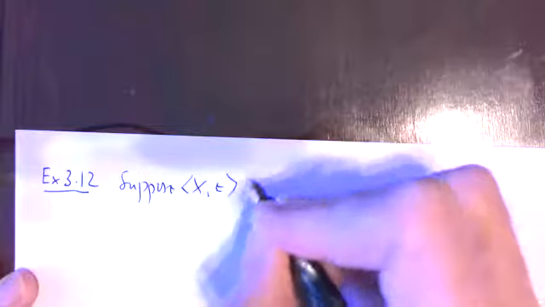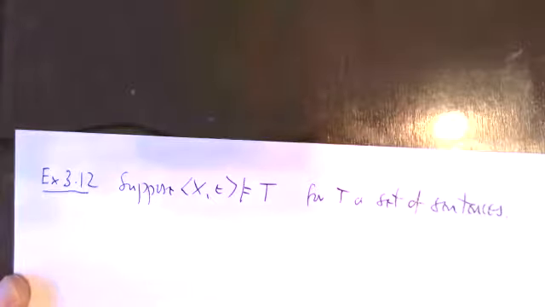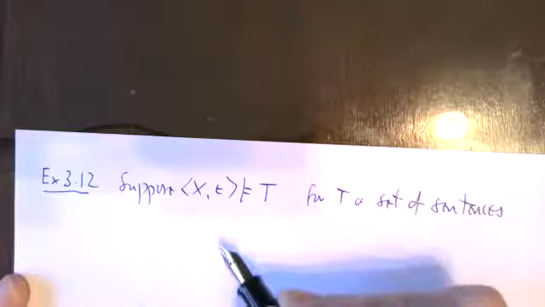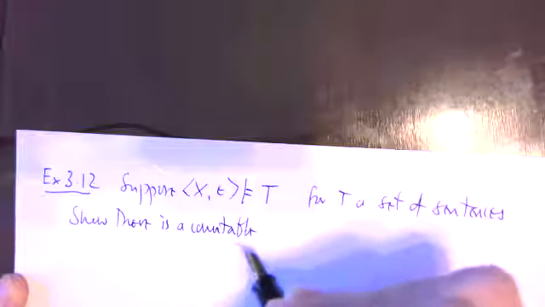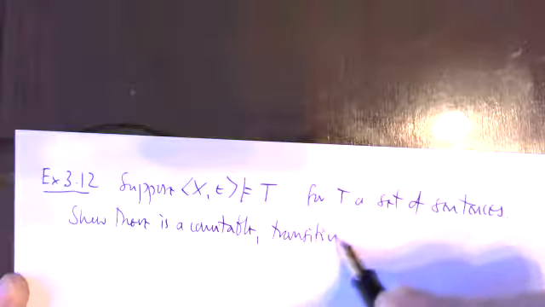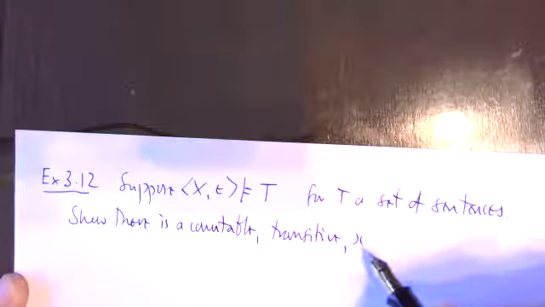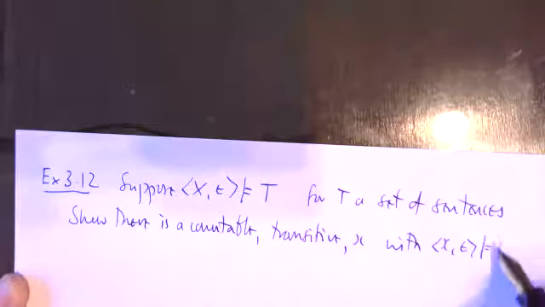So I've got a structure, for some reason, capital X, and I've got a set of sentences T. Show there is a countable transitive X in which those sentences are true.